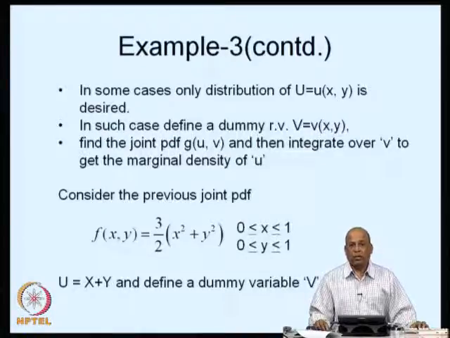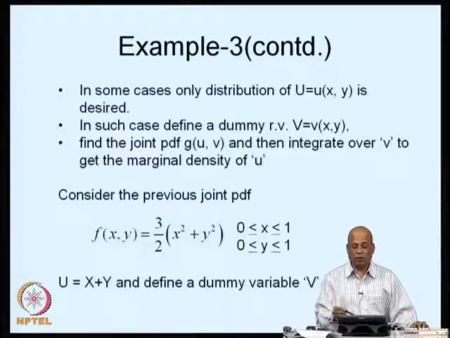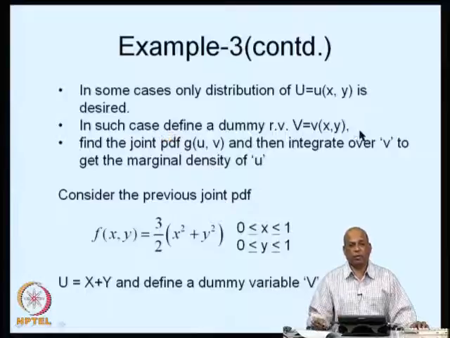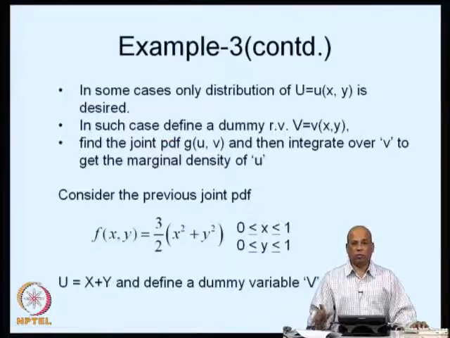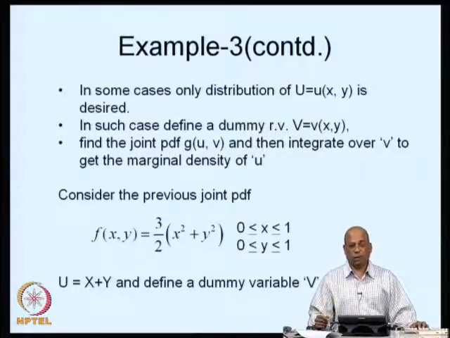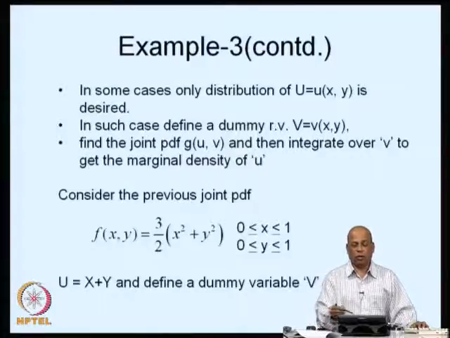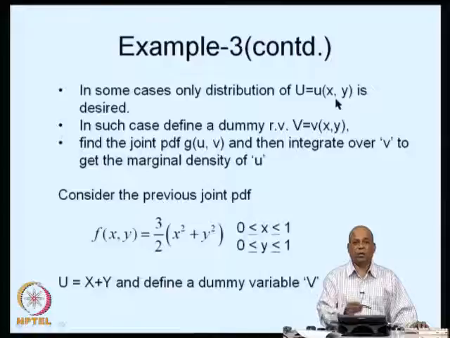In such a case, we introduce a dummy variable v is equal to v of x comma y, some convenient function, and then follow the same procedure as we did just now for the two functions u and v, and obtain first the joint density function g of u comma v, and then we integrate over v to obtain the density of u.